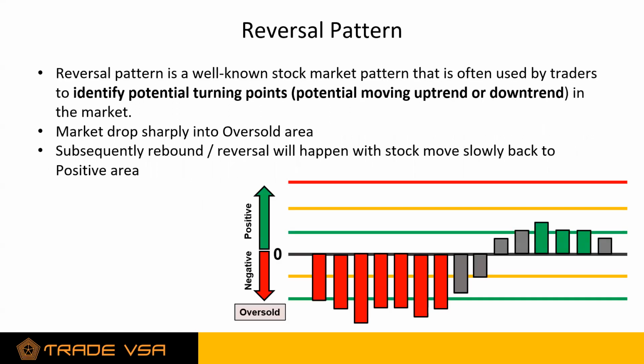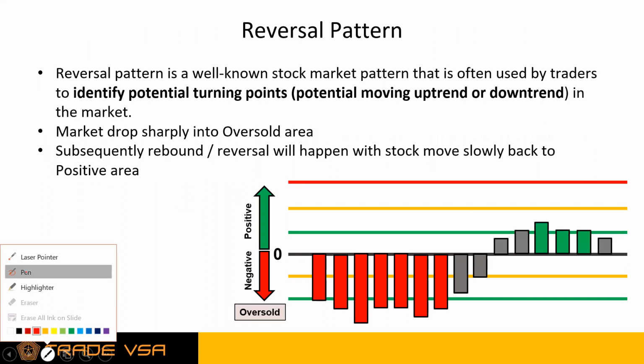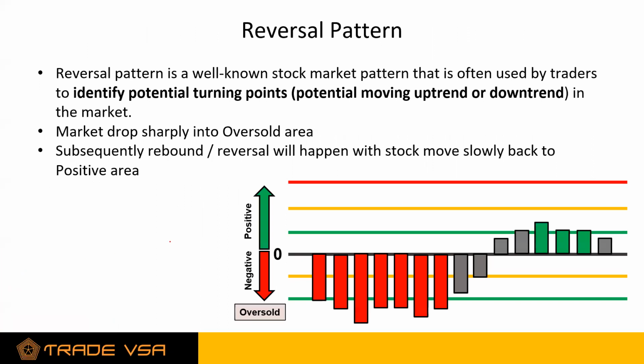Now again, this is what we call the market stages. Let me bring my pen up. The first area you usually want to look for a potential reversal is the oversold area.